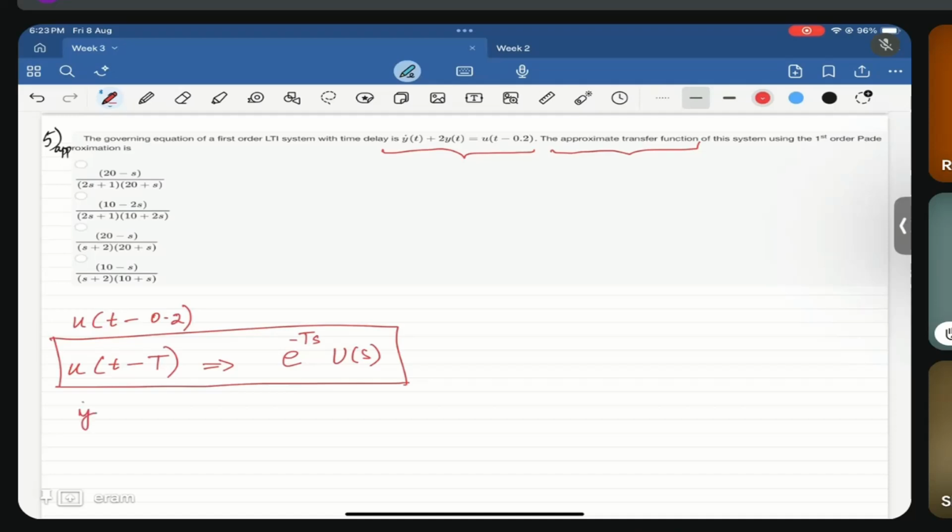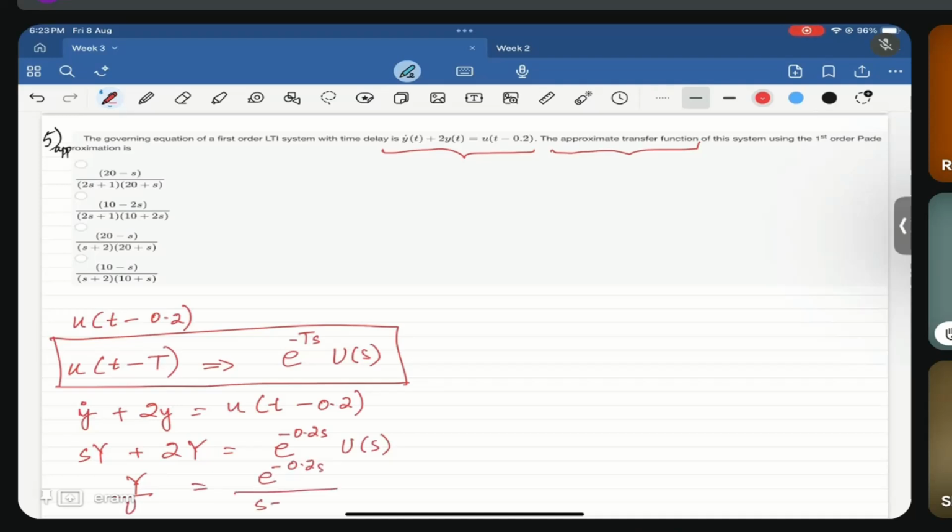So for y dot plus 2y equals u(t minus 0.2), we have sY plus 2Y equals e to the power minus 0.2s times U(s). So Y by U will be e to the power minus 0.2s by s plus 2.